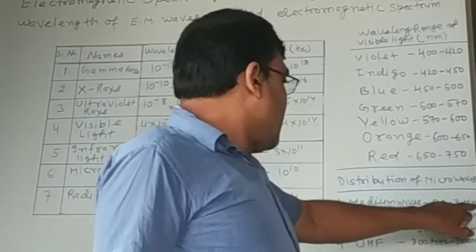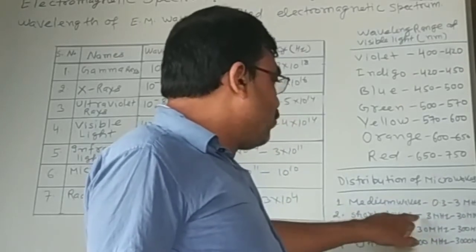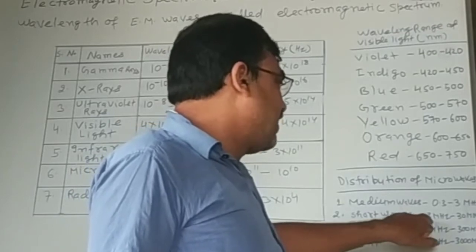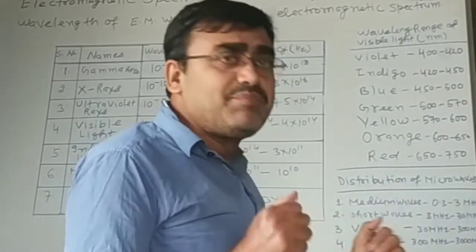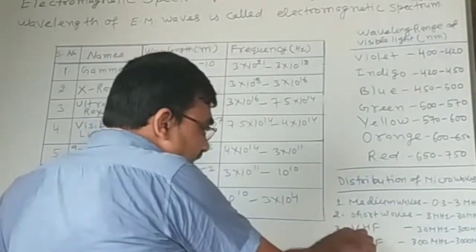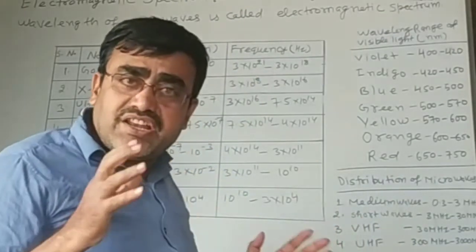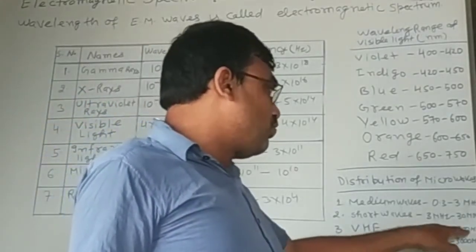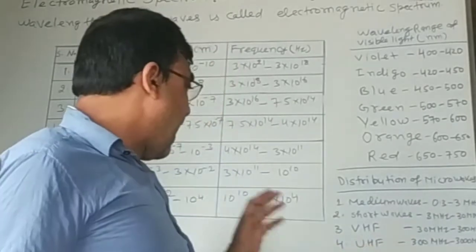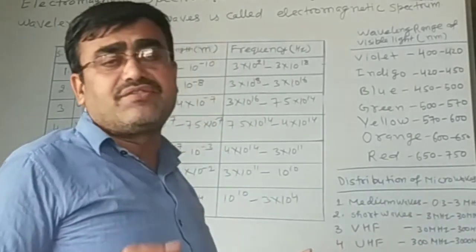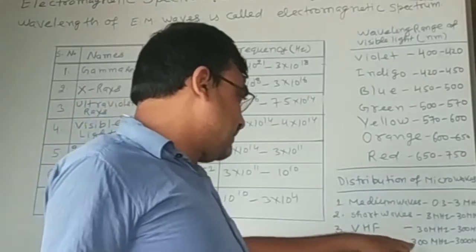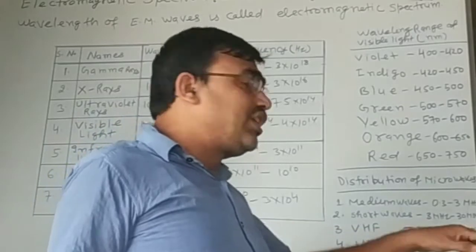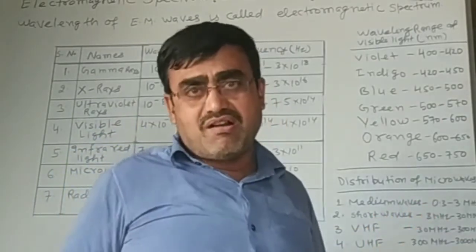And short waves, whose frequency range varies from 3 megahertz to 30 megahertz. And VHF, that means very high frequency wave, 30 MHz to 300 MHz. And UHF, ultra high frequency wave, which has frequency range 300 MHz to 3000 MHz.